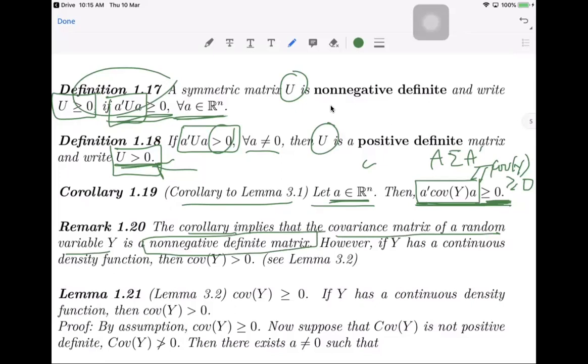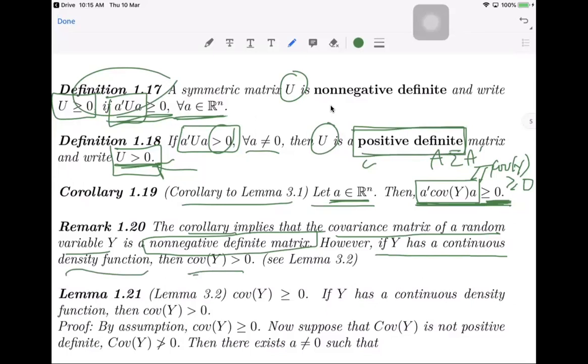Now, when will the covariance matrix be positive definite? The next lemma tells you the condition when the variance of Y is positive definite. That is, if Y has a continuous density function, then the covariance of Y will be positive definite.